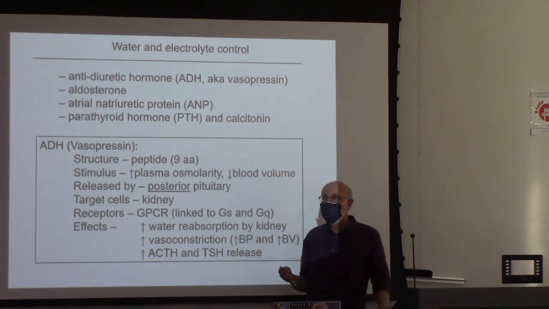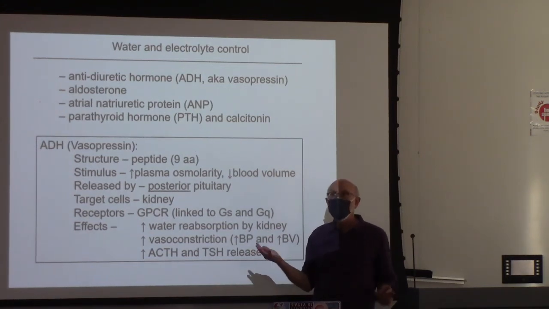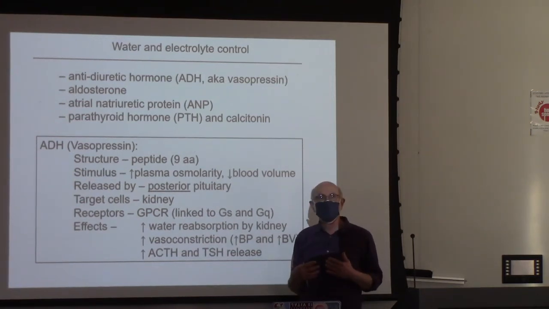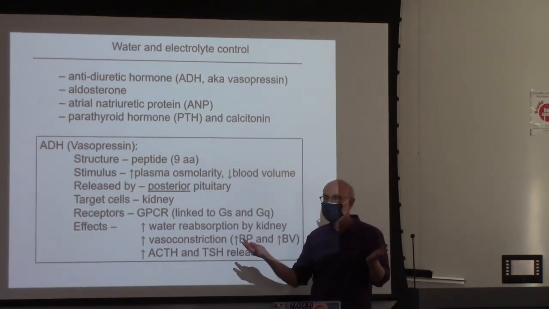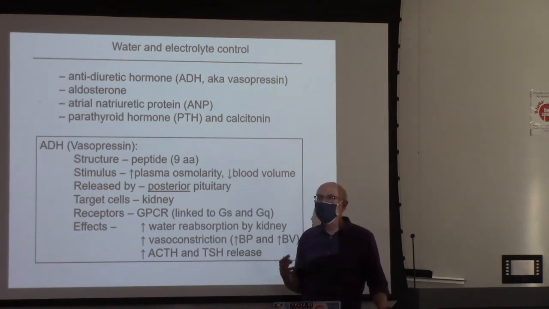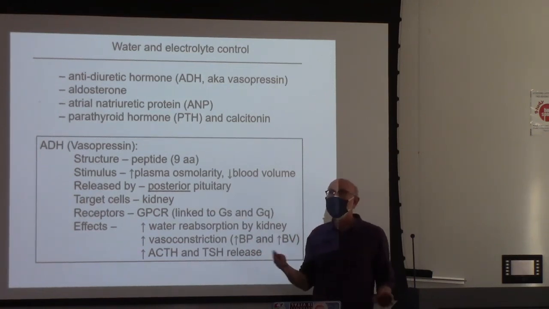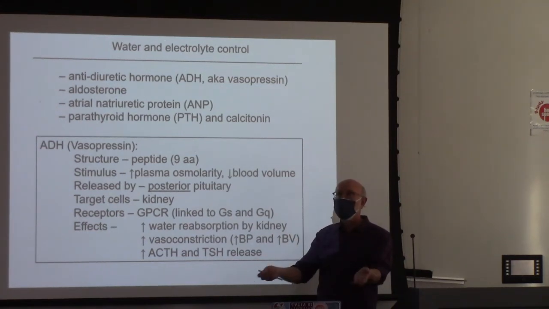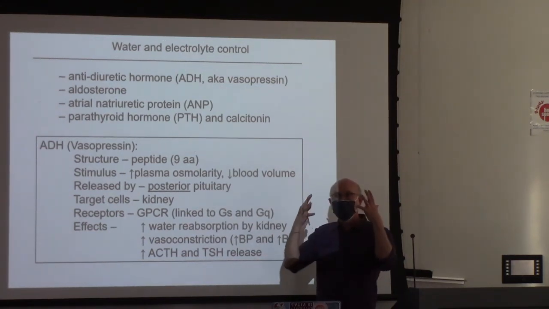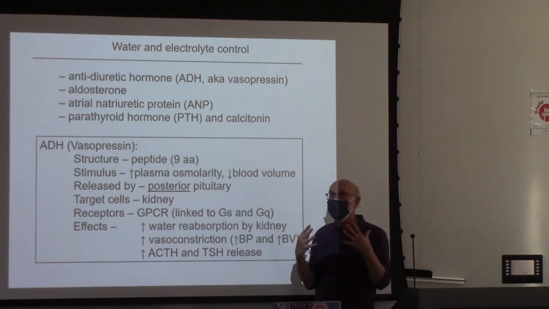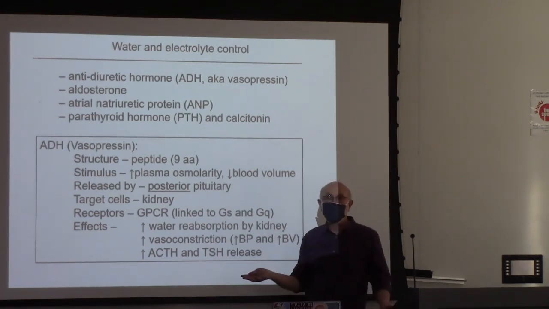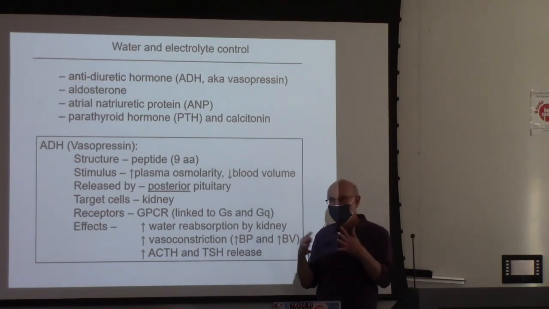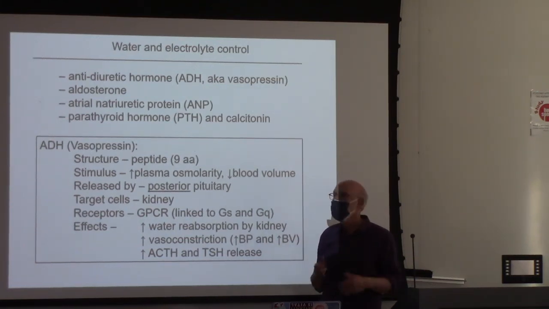How? By drinking. Thirst is a physiological response to dehydration. Sweating, well, that's mostly heat, but that's a way that we lose water. Urination is a way that we excrete water. So we ingest water, we homeostatically control the amount of water, and then we urinate water, or we don't.